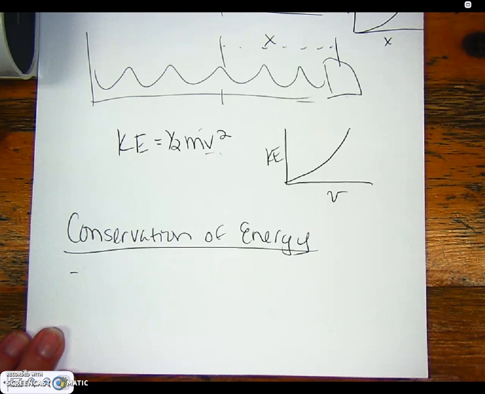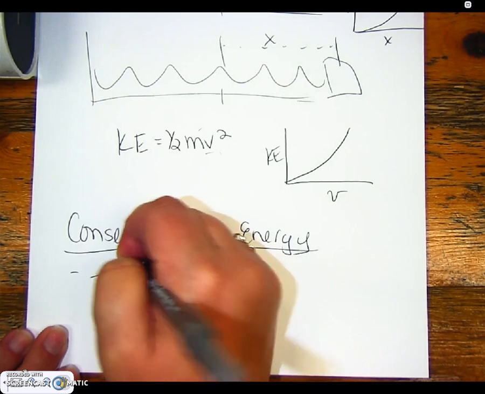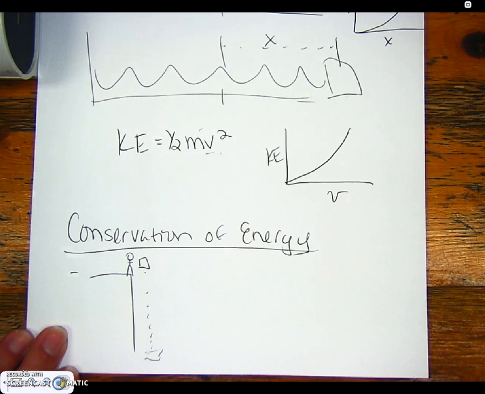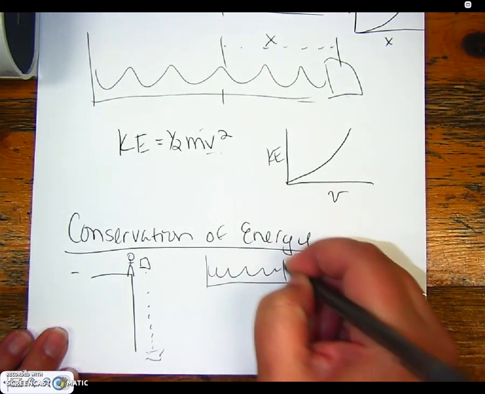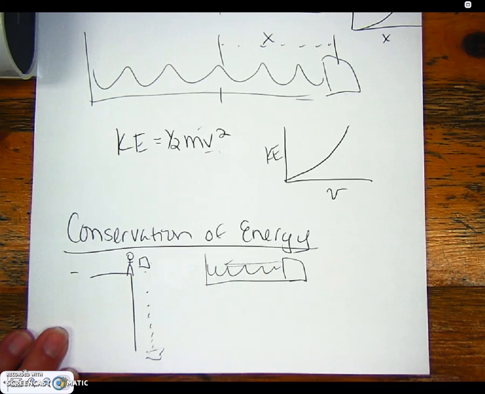All right. So when we deal with conservation of energy, it's always energy going from one kind of thing to another. So if we use the idea of something having some sort of stored gravitational potential energy and then we drop it to the ground, it starts to go faster and faster and faster, and so it gains kinetic energy. So there's a swap between gravitational potential energy and kinetic energy. If we use the idea of a mass spring system, all of a sudden you have a spring, and you stretch it out, you release it, it's going to shoot back in this direction and start to gain kinetic energy, right?